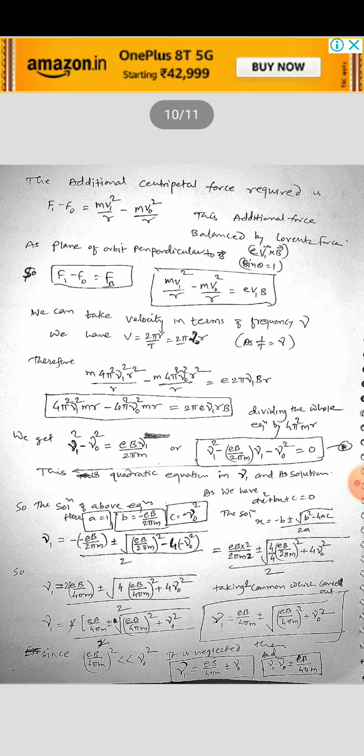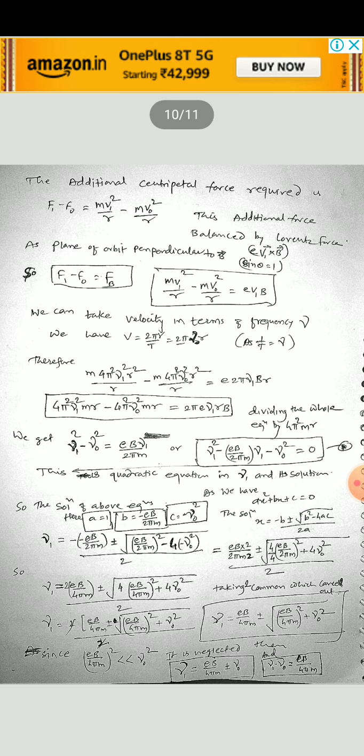This additional force is balanced by the Lorentz force, that is EVB, or E V1 cross B. So F1 minus F0 equals the magnetic force, which is given by E V1 B sine 90, because of the perpendicular, and sine 90 equals 1. Now we can write velocity in terms of frequency nu.